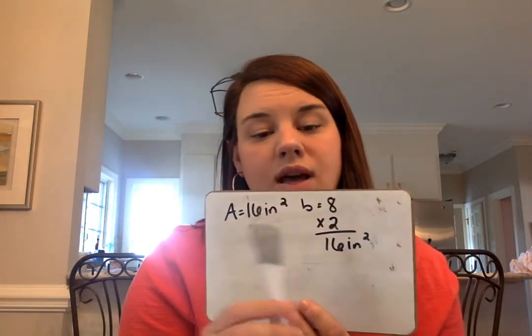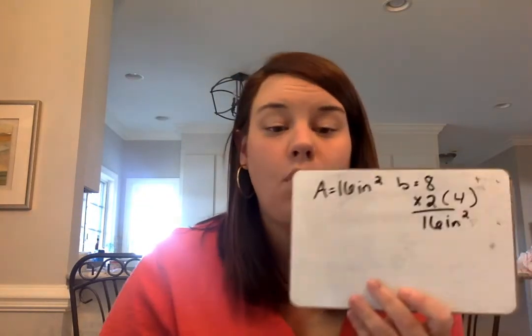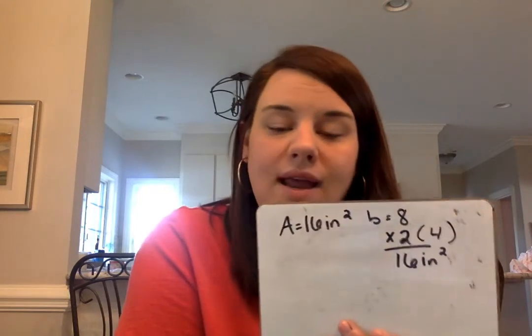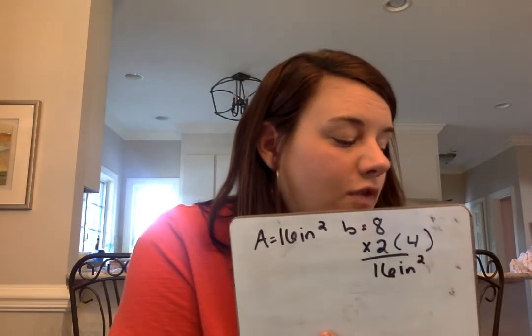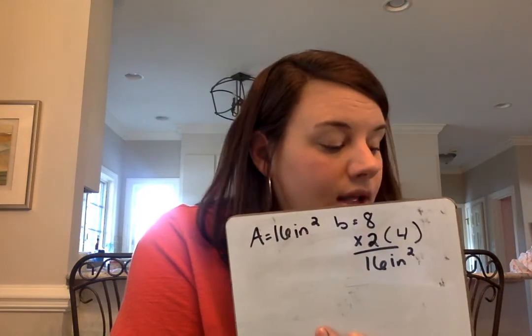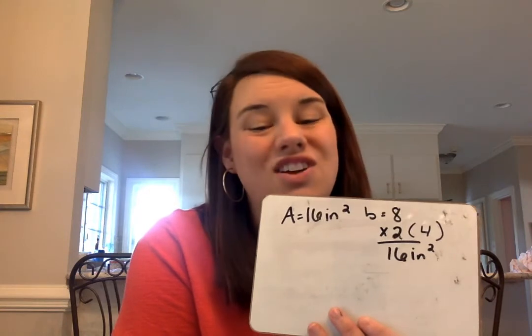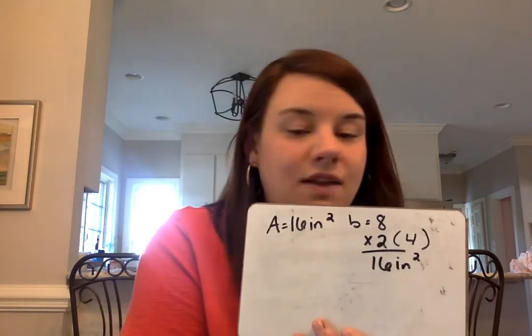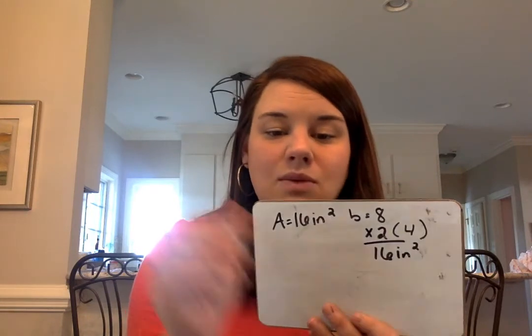Remember, this number was cut in half, so we have to consider that this number used to be 4. Multiply it by 2 now instead of dividing by 2, okay? So the height for number 4 would be 4 inches, because 8 times 4 would give you 32, and 32 divided in half would give you 16. So we just doubled this dimension here because 16 was cut in half, okay?